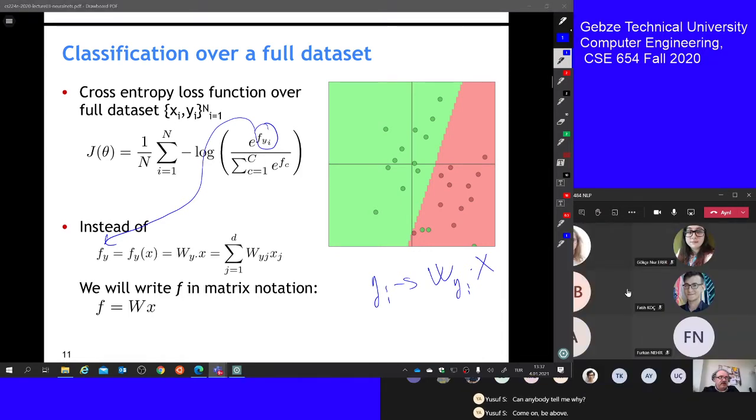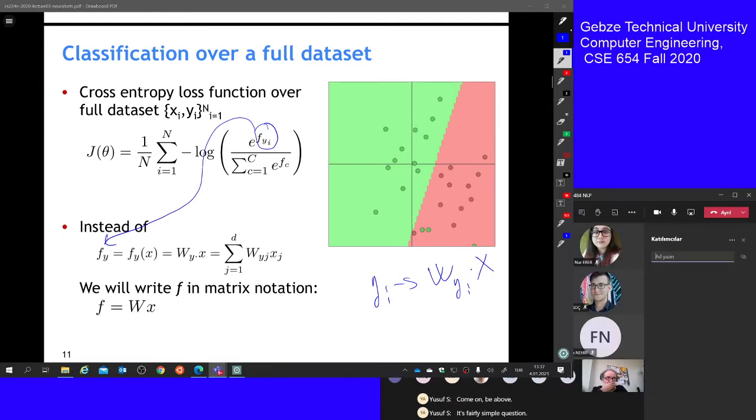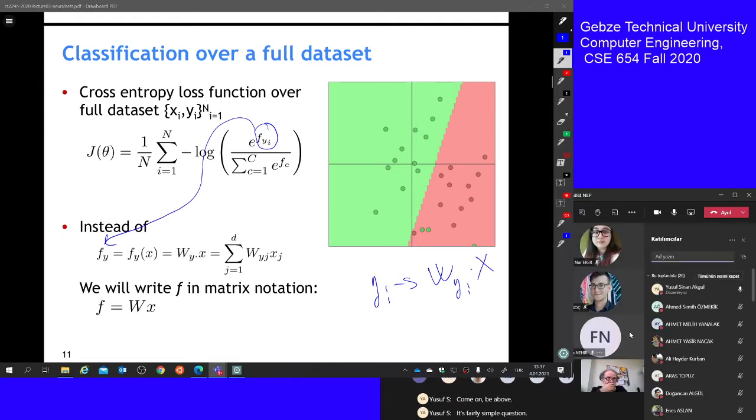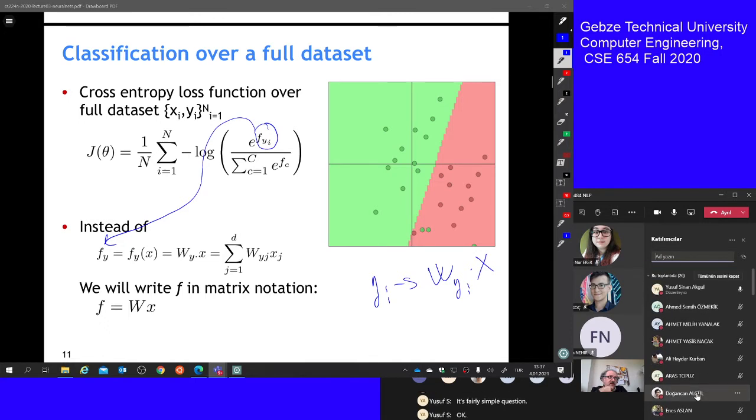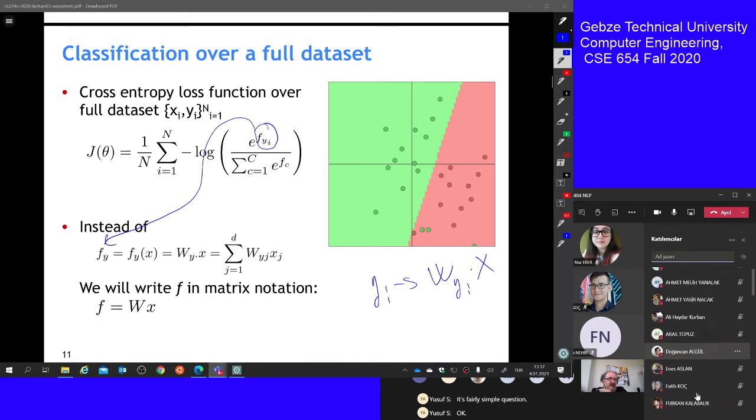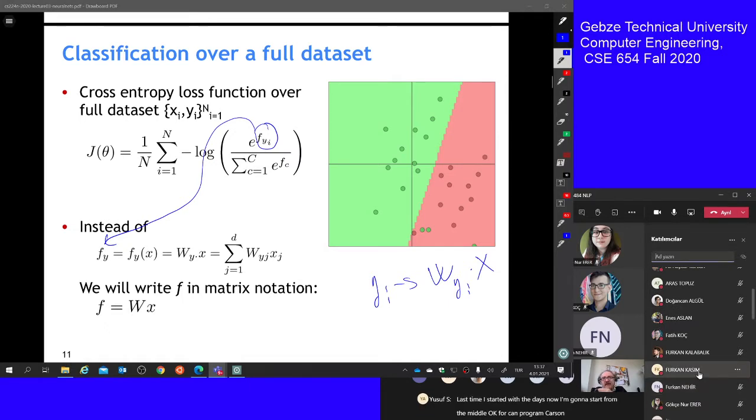It's a very simple question. Okay. Last time I started with the A's. Now I am going to start from the middle. Okay. Furkan Kasım. Furkan, tell me, why do we call the loss function loss function?